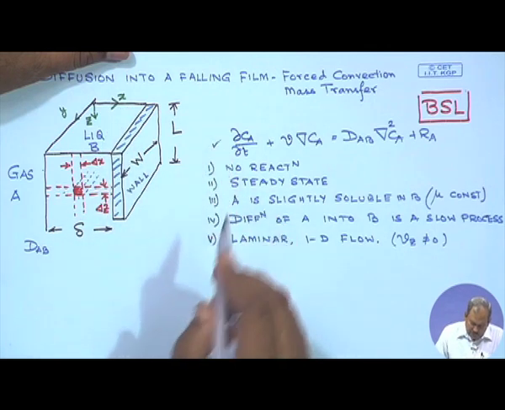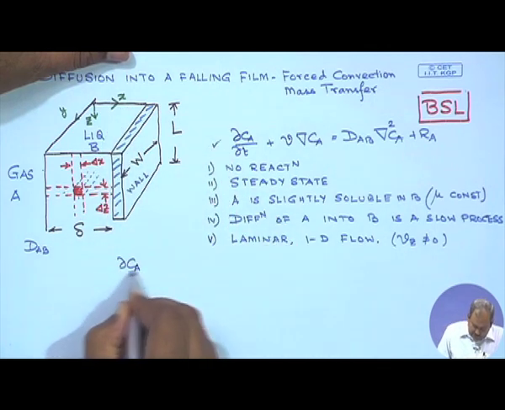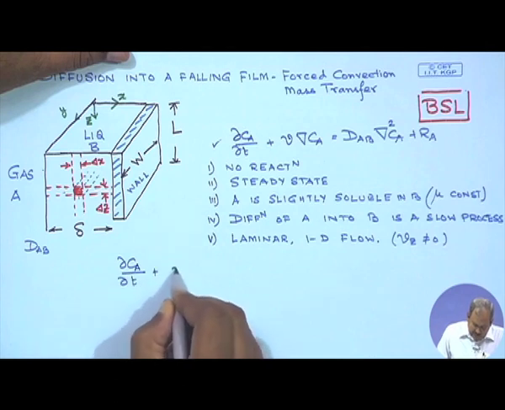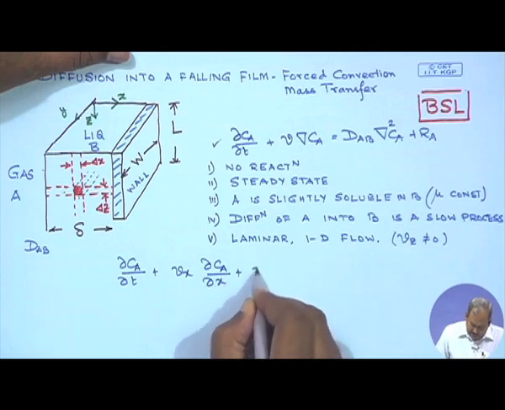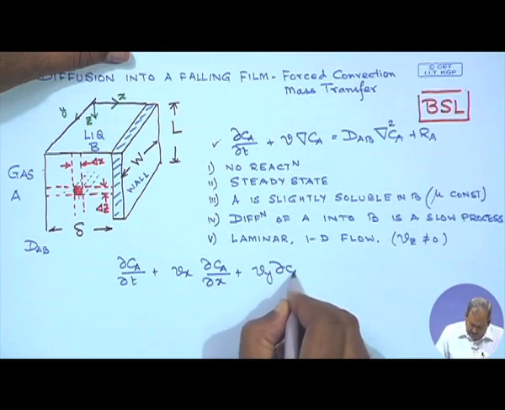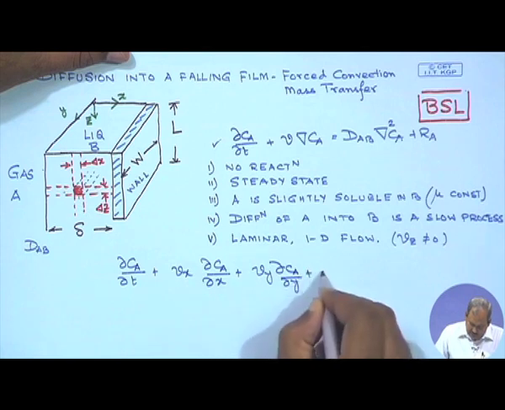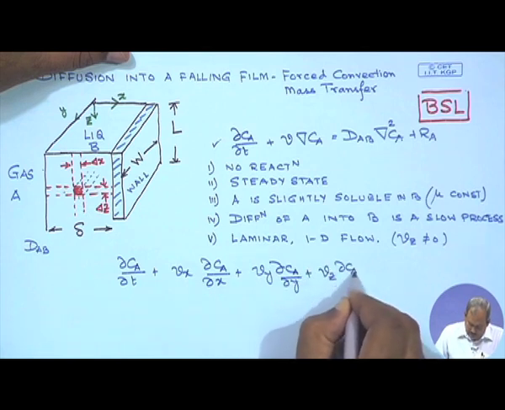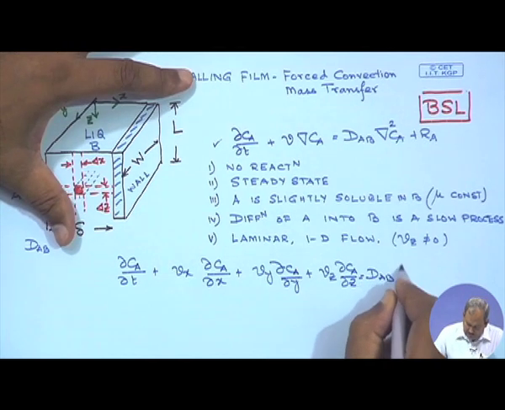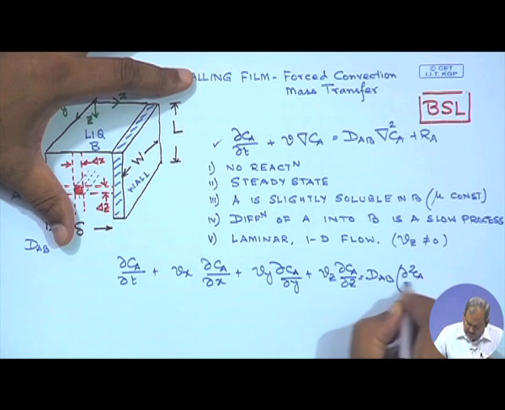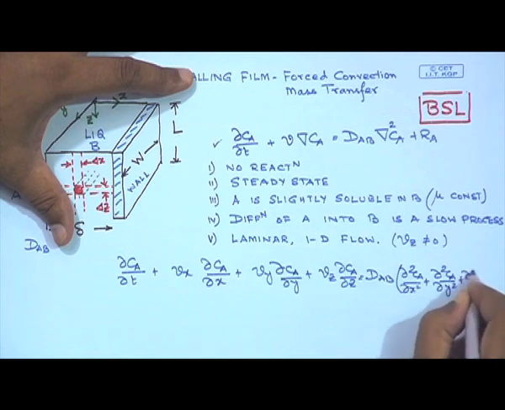So now I am going to expand this. If I expand this, it's simply going to be del Ca del t plus Vx del Ca del x plus Vy del Ca del y plus Vz del Ca del z is equal to DAB times del square Ca by del x square plus del square Ca by del y square plus del square Ca by del z square.